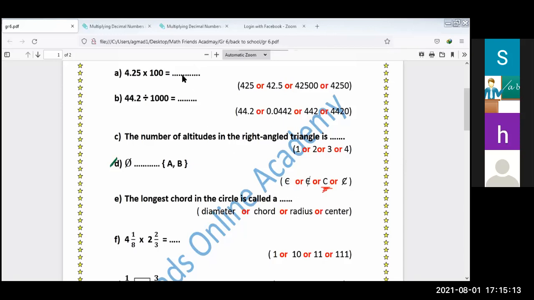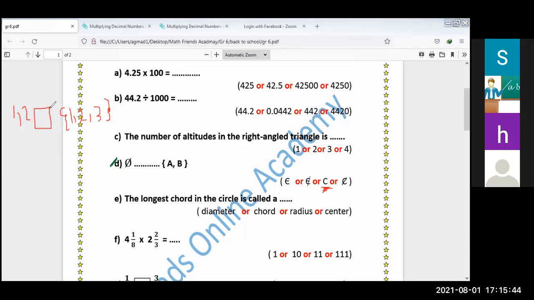Revise with me, grade 6. If I have elements, like 1, 2, without brackets like this, just the elements, and here we have a set like this, 1, 2, 3, here I need to put a sign.